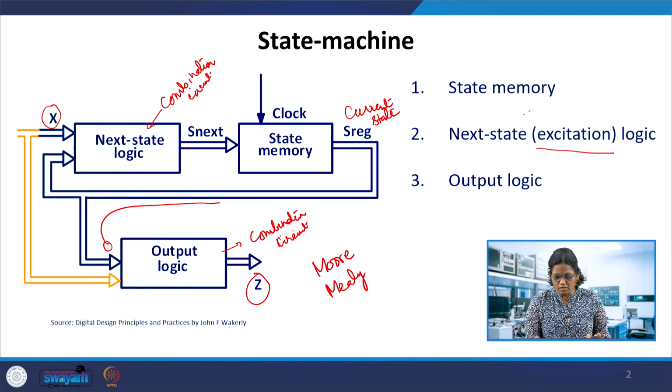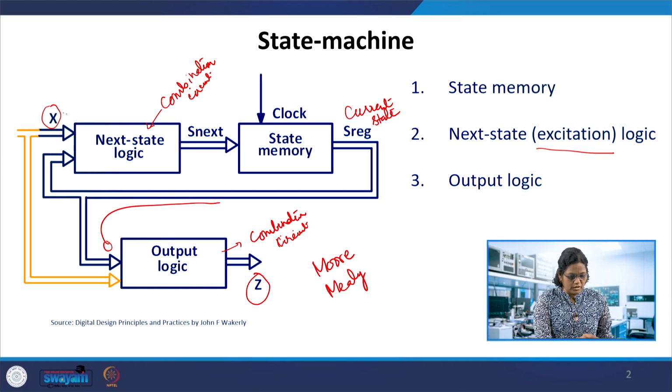The major 3 blocks need to be kept in mind. Each of them should have a Verilog module, or a single module which contains these 3 parts: state memory, next state logic, and output logic. In this case, the input X can be an enable to the next state logic, or it can be an enable input to the output logic as well.